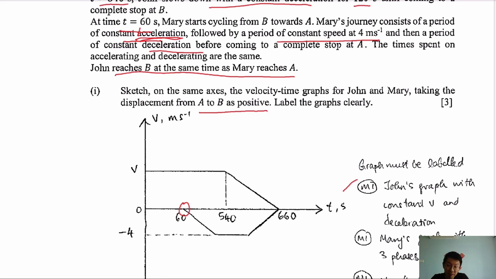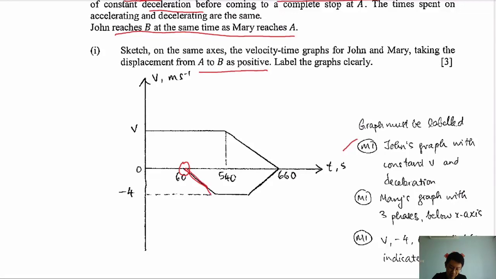The speed is increasing from 0 to 4, but when we talk about the velocity, the values go from 0 to -4, because she is traveling in the negative direction. So the V becomes more and more negative to indicate that she is speeding. This is why the first part of the graph is going down.